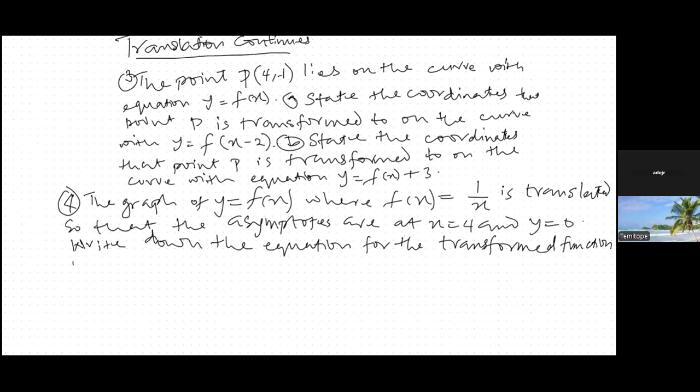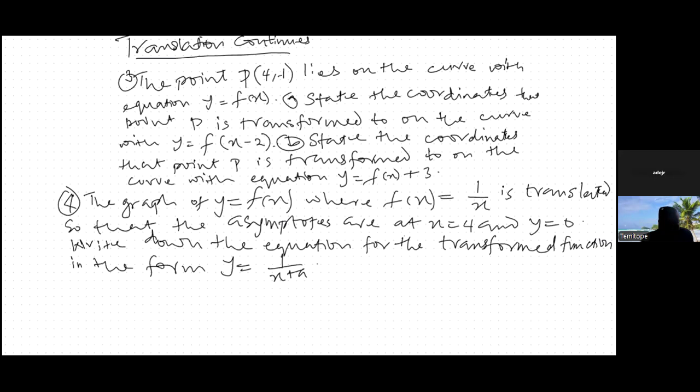In the form y equals 1 over x plus a. The graph of y equals f of x, where f of x is 1 over x, is translated so that the asymptotes are at x equals 4 and y equals 0.